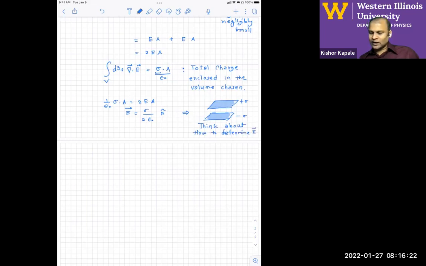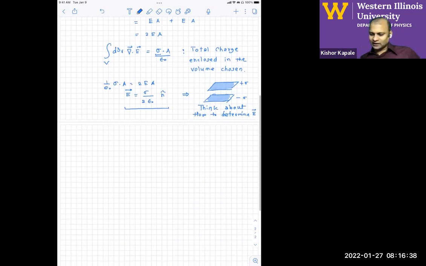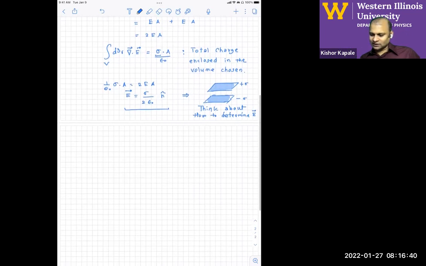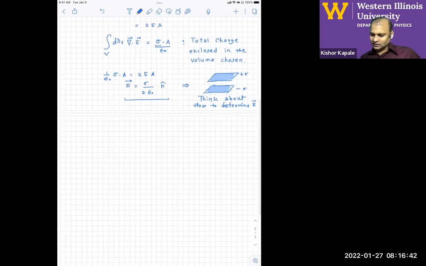In this case, you don't have to do 2 Gaussian pillboxes and do everything again. There's no need, right? Because you know the electric field due to one sheet, so you can map it out. Because of one sheet, the electric field due to the second sheet would have opposite sign, and so you can map it out and then add it all together and see the total value.